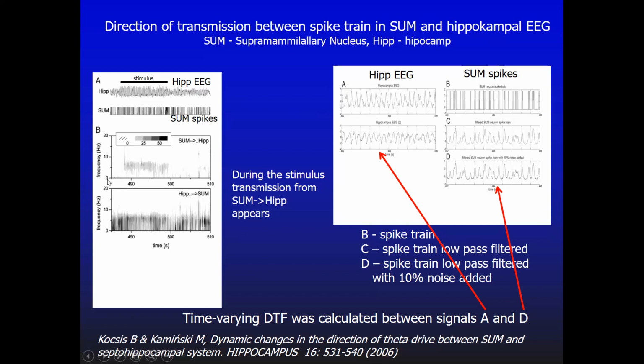Here is DTF as a function of time. This is from hippocampus to supramammillary. Here is from supramammillary to hippocampus. And we can see that the propagation is mainly from hippocampus, but during the stimulus marked here, also some propagation from this structure to hippocampus occurs.